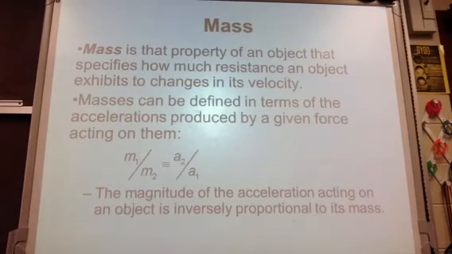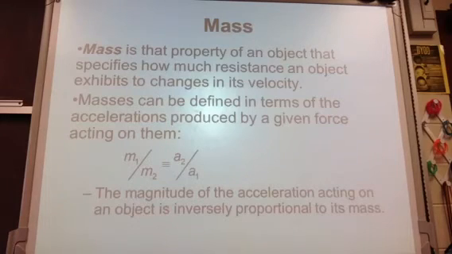Okay, thinking about inertia and thinking about Newton's law as being the law of inertia, let's also talk about mass. Mass is just a property of an object. It specifies how much resistance an object can exhibit to a change in its velocity.